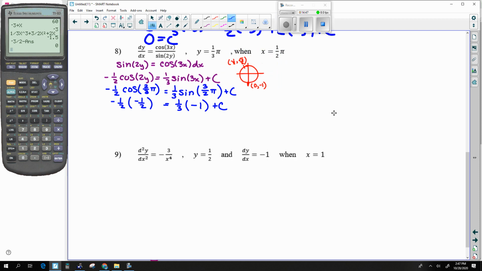All right, so this right-hand side is going to be positive 1/4, and then that's negative 1/3, so we're going to have to add 1/3. Yeah, 1/4 plus 1/3 is 7/12.